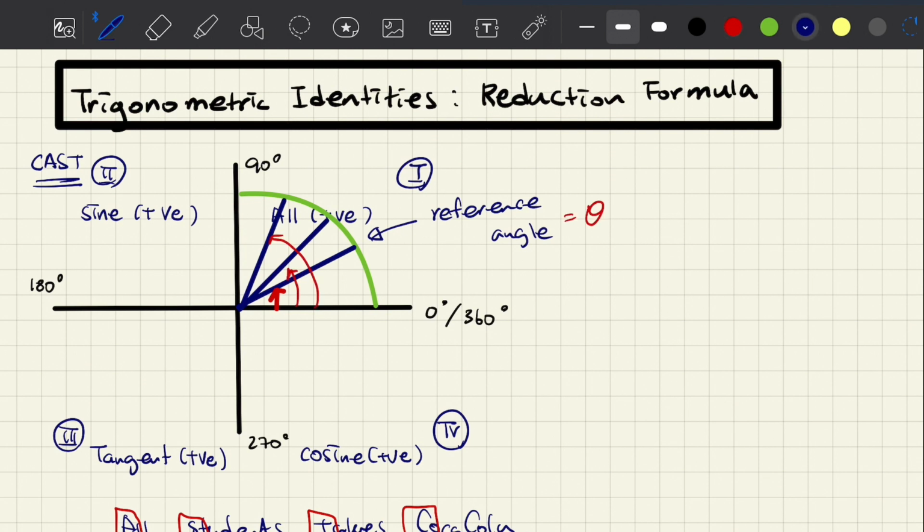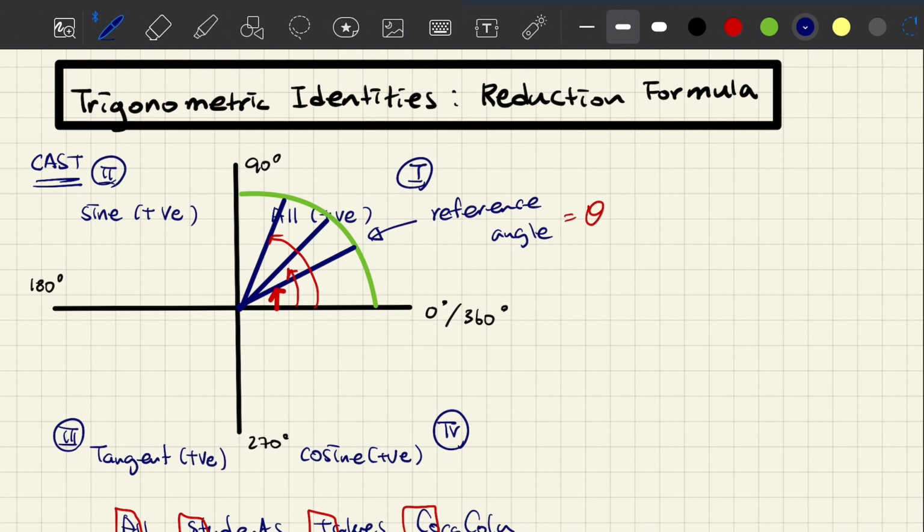Okay, so based on your reference angle and based on which trigonometric ratio you're looking for, the reduction formula that you're going to use for the second, third, and fourth quadrant will be different. Based on which angle you're using, which trigonometric ratio you're trying to find, and which angle you're trying to find, the reduction formula you're going to be using will change.